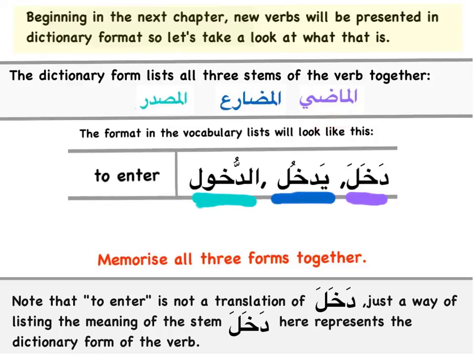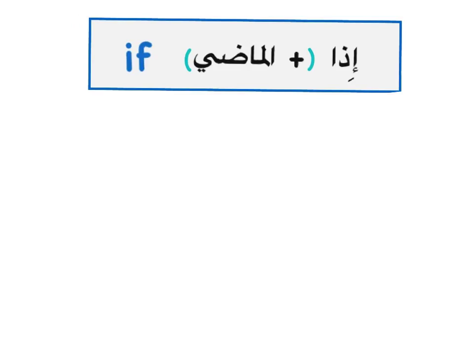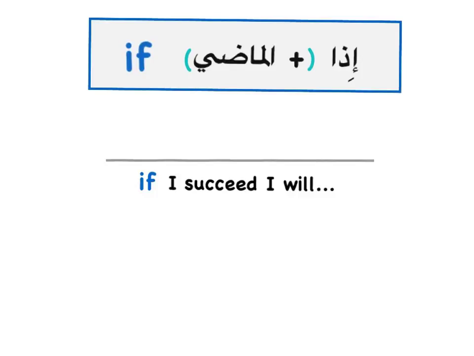Okay, now let's look at how we make if clauses, condition clauses in Arabic. We use إذا, which is the equivalent of if, plus ماضي. An example: if I succeed, I will say إذا, and succeed in the past is نجحت.